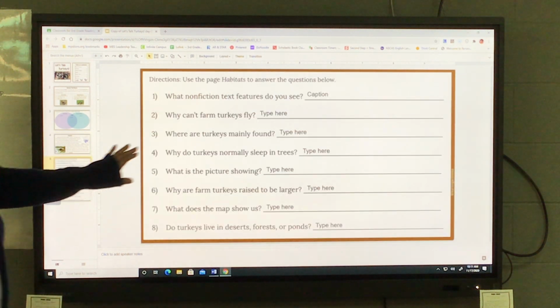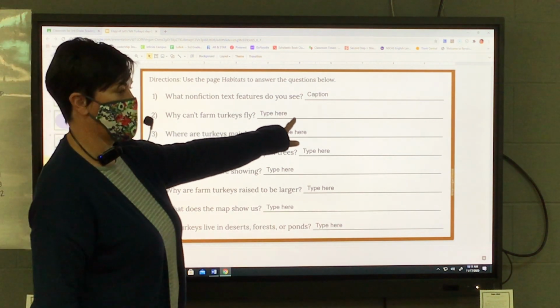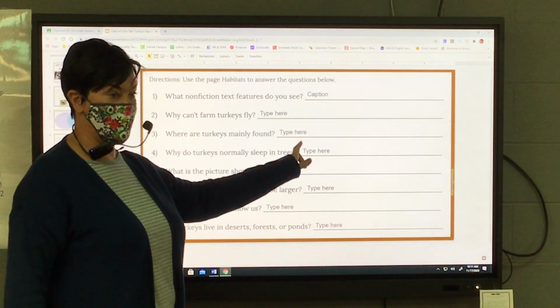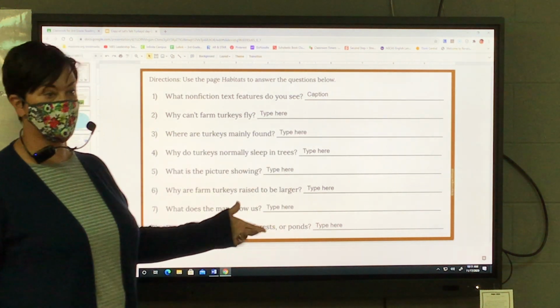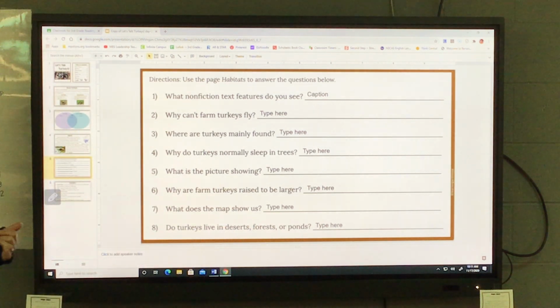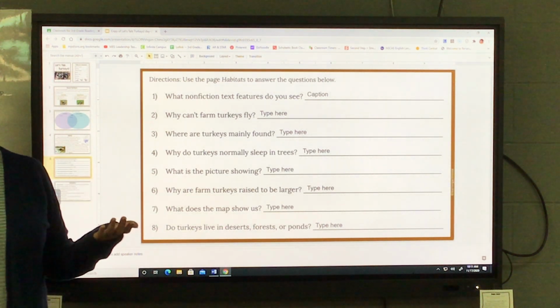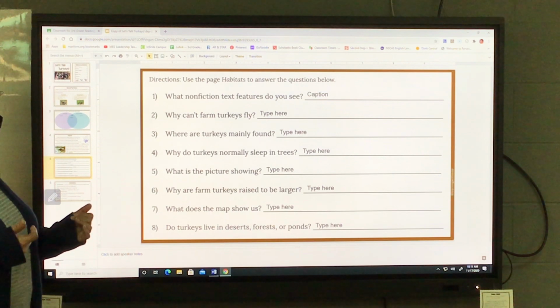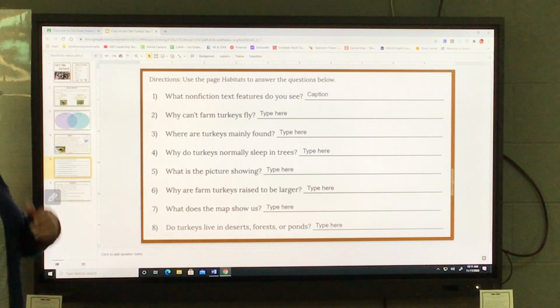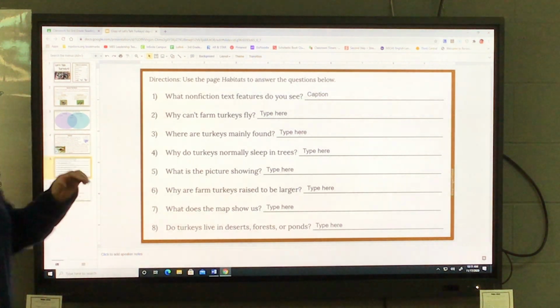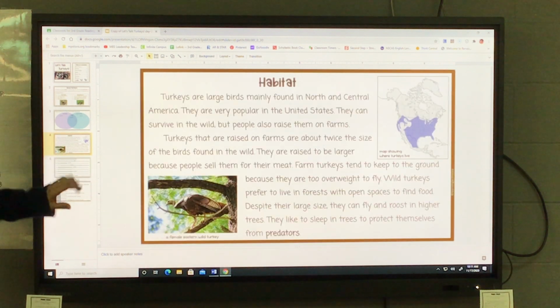All right, so you probably typed in either too fat or too overweight. Do both of those mean the same thing? Yes. Okay. Question 3. Where are turkeys mainly found?